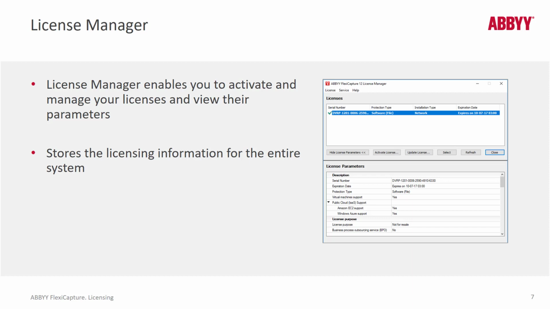And another important piece of information that's in the license parameters is your page count. So you can see what your total page count is and how many pages you've consumed, how many pages are left. So that's important.